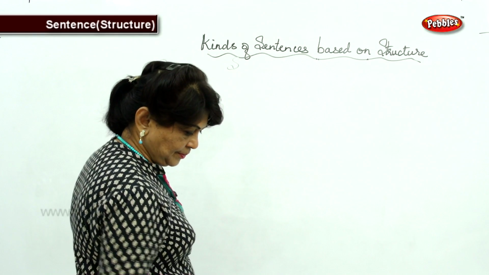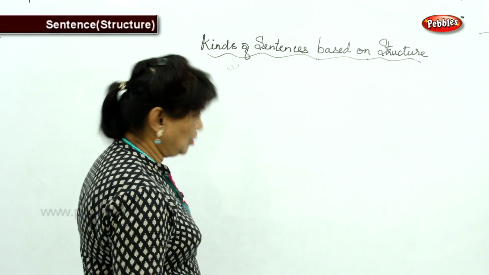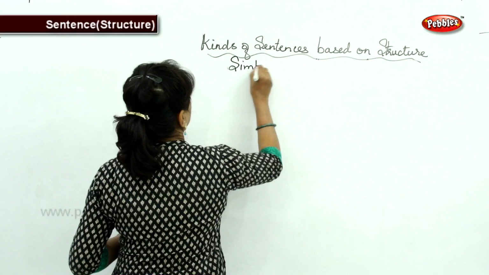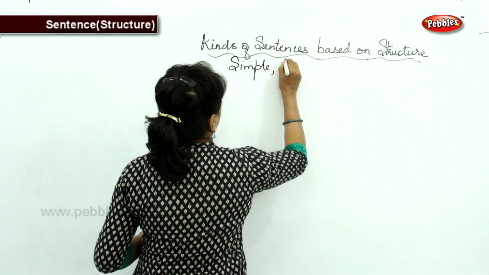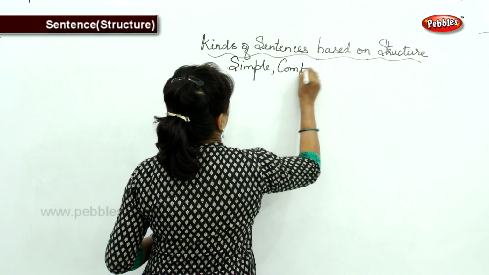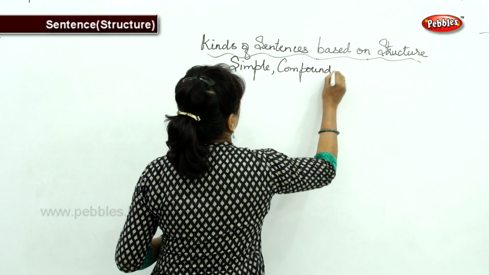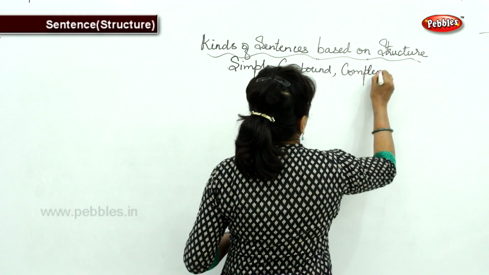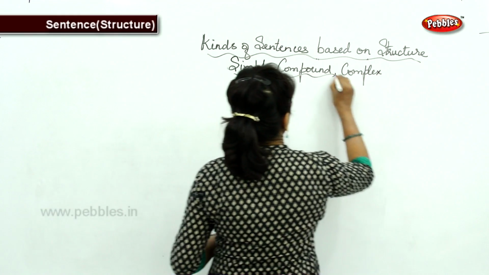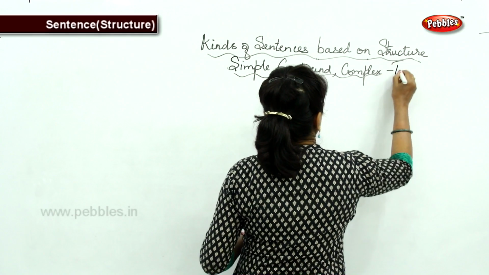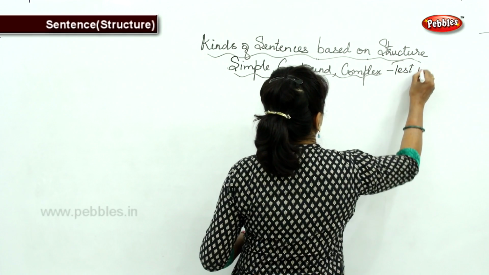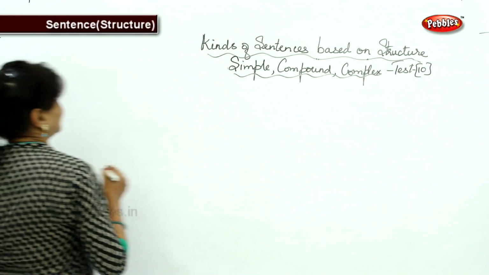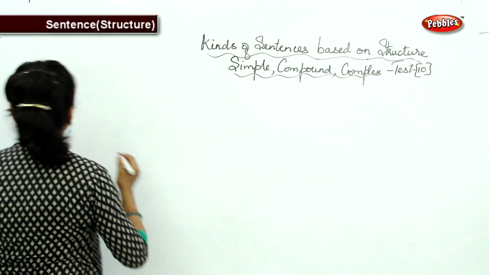Okay, now kinds of sentences based on structure, it is mainly simple, compound and complex, and I am going to give you a test on this. And how many marks shall I give you? Test for 10 marks. Okay.